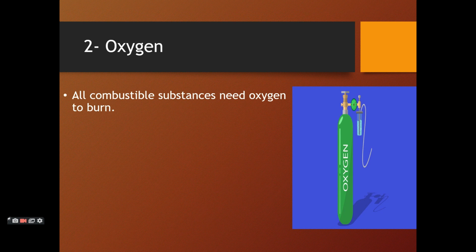All combustible substances need oxygen to burn. Without oxygen there won't be any fire. You can do one experiment: if you light a candle, put that candle inside a glass, and cover the glass completely, you will see that the fire will stop. So all combustible substances need oxygen to burn.